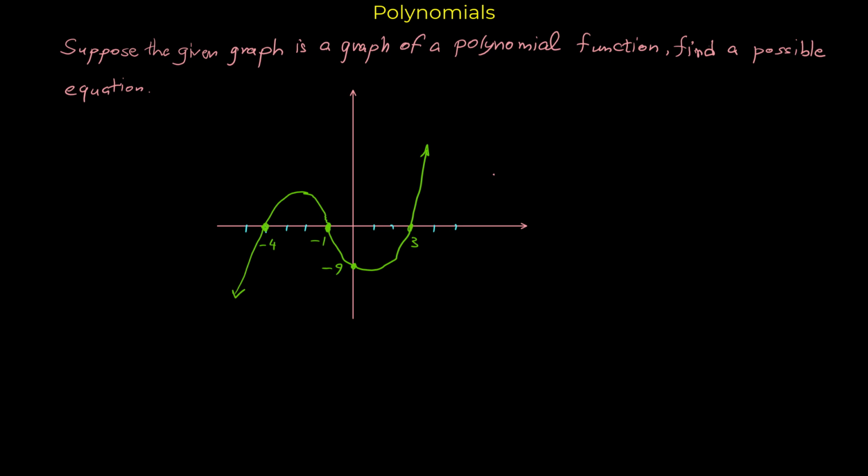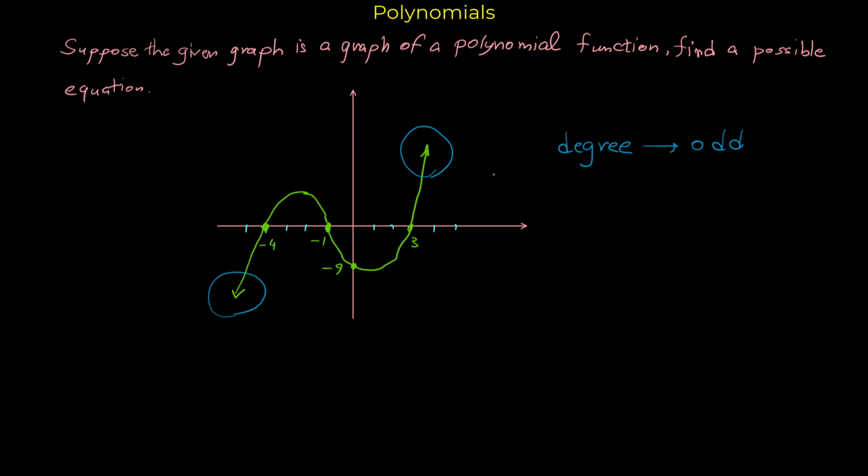First of all, by looking at the end behavior of this given function, immediately we can figure out that this polynomial is of odd degree. And probably it should be of degree 3 because it has 3 roots or 3 zeros or 3 x-intercepts, as you can see here.